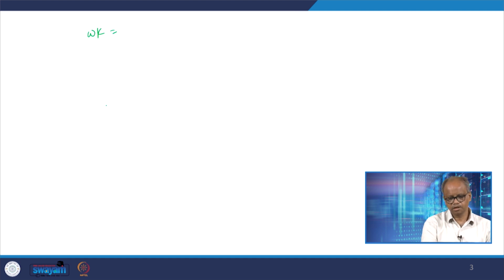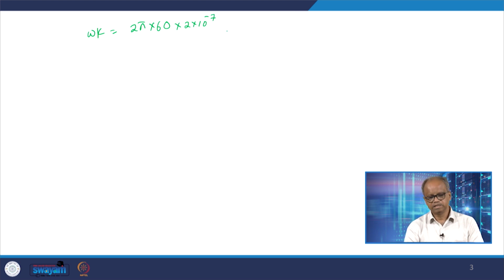Now, what is omega k? k is 2 into 10 to the power minus 7, so omega is 2 into pi into 60. Note that 2 into 10 to the power minus 7 is basically in Henry per meter, right.